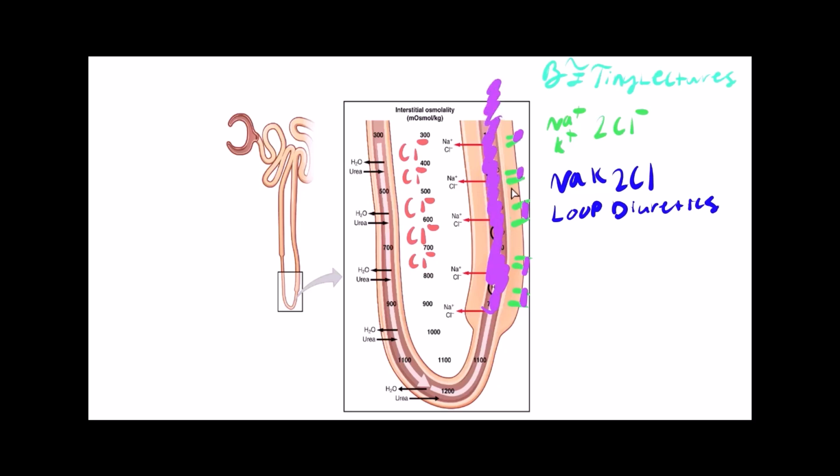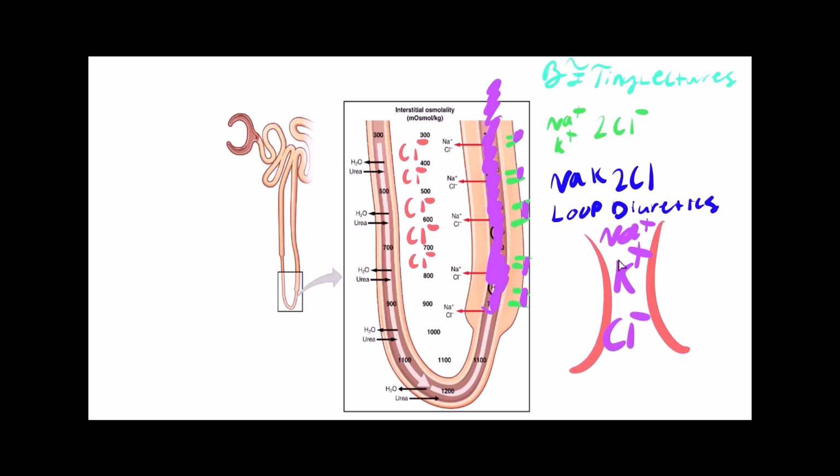And what happens if we have an increased amount of sodium? Eventually, when this filtrate reaches the collecting duct, so here we have the collecting duct right there, we have a very large amount of sodium, we have a large amount of potassium, and we also have a large amount of chloride.